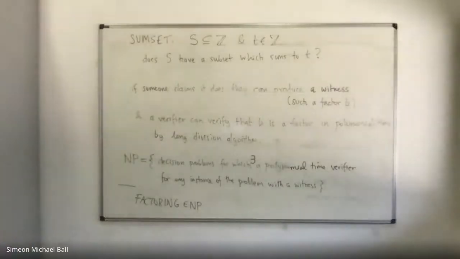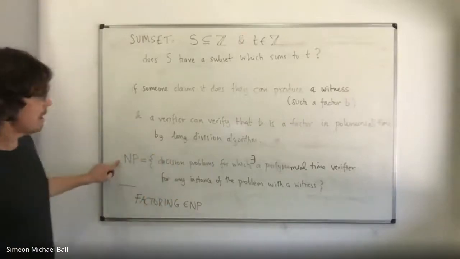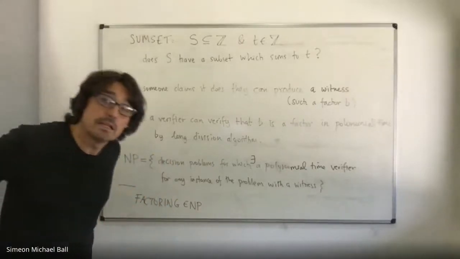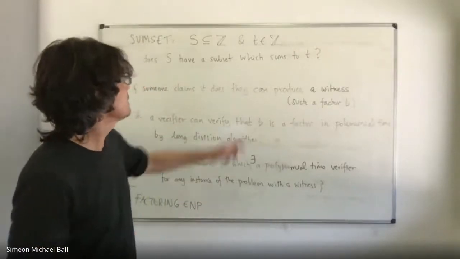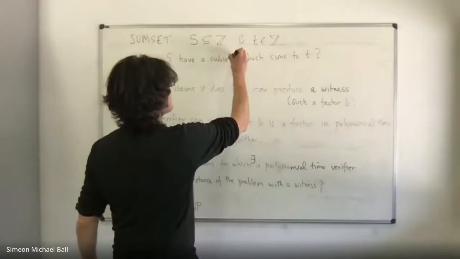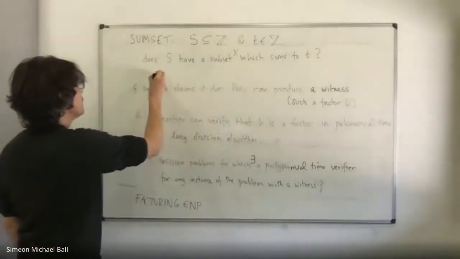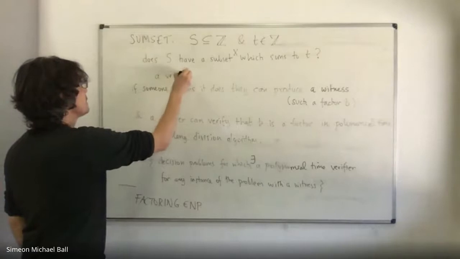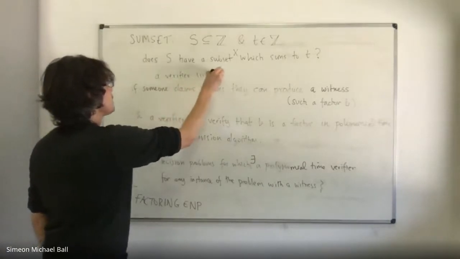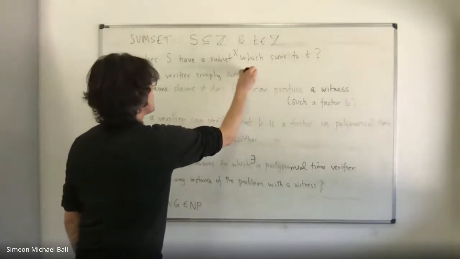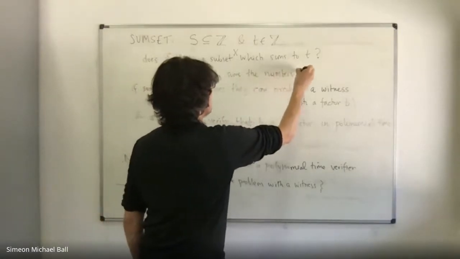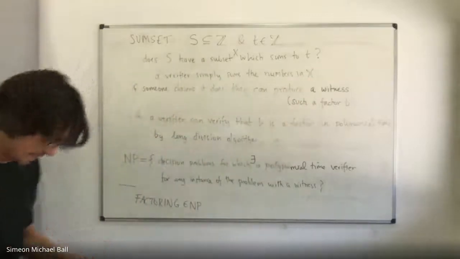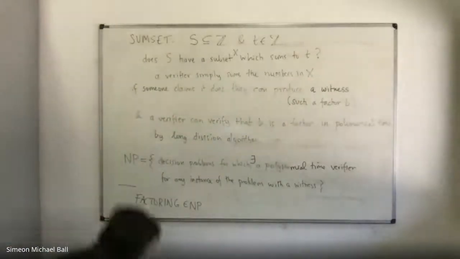That's also in NP, because the verifier simply sums up all the numbers of the subset and sees if it is equal to T. So this is indeed also in NP.